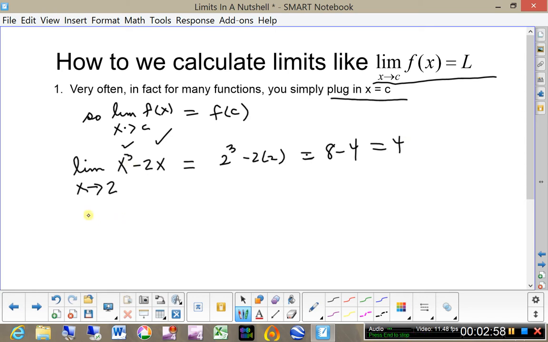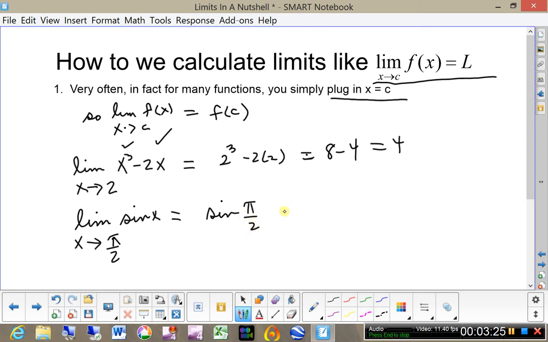Another example. Suppose a function is sine of x, and we want to take the limit as x approaches pi over 2. Here we just simply plug in pi over 2 for x, and we get sine of pi over 2.